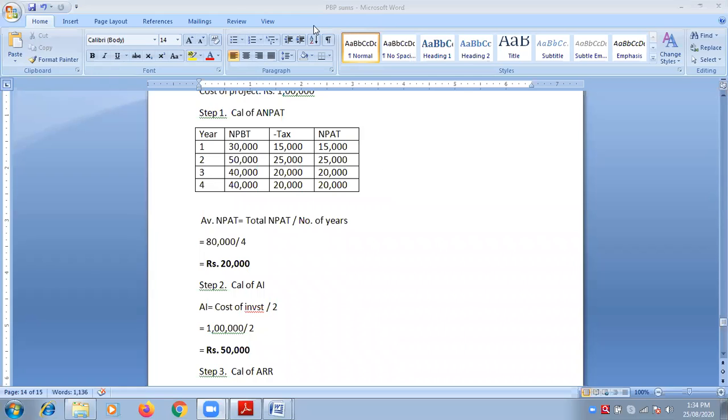I think 5 to 6 lectures are enough for NPV and PI method, and then I will finish with the capital budgeting chapter. Maximum 5 lectures we will need for capital budgeting.